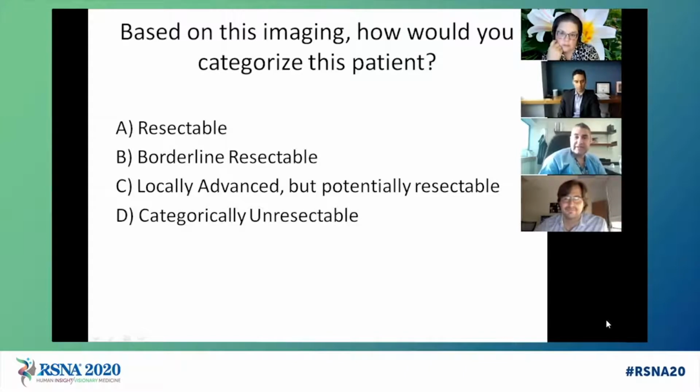At the end of the day, if I met this patient in the office today, I would have a less optimistic conversation with them about this scan than I would about the last scan. I think setting more reasonable expectations is a good thing to do here, because this really looks like a large, infiltrative, aggressive, locally advanced tumor. So you can say this is categorically unresectable. But I say this with a caveat that some patients will have chemotherapy and have an absolute blockbuster response.